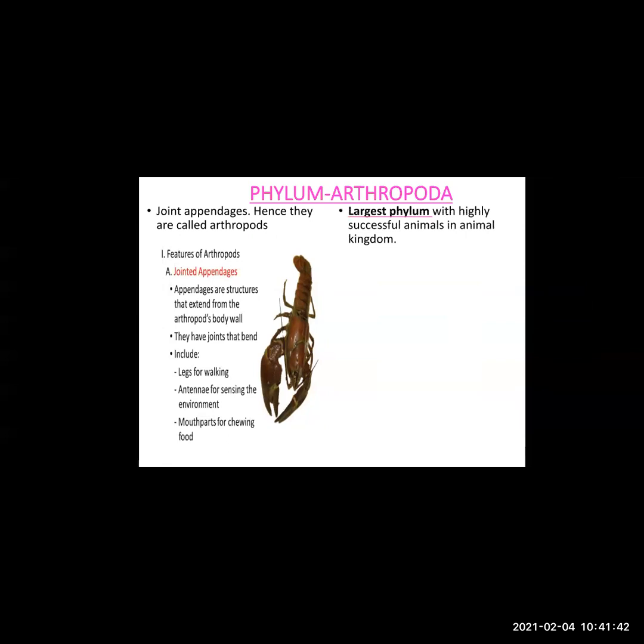One main thing you have to see: it is the largest phylum with highly successful animals in the animal kingdom. We have studied how diverse the animal kingdom is, and this phylum, Arthropoda, is the largest. It has the highest number of animals, and some very highly successful animals are included in it. Next point, the animals of the phylum Arthropoda are found in all types of habitats, ranging from the deepest ocean to the highest mountain.